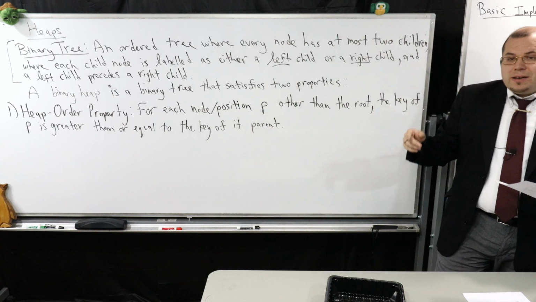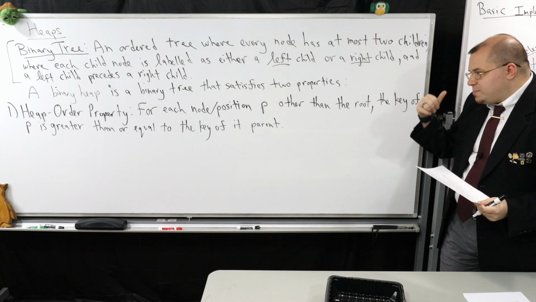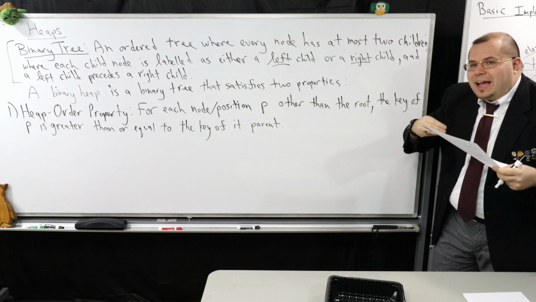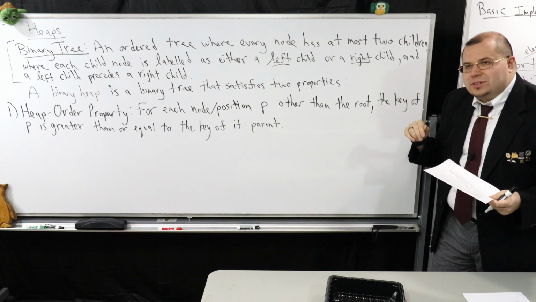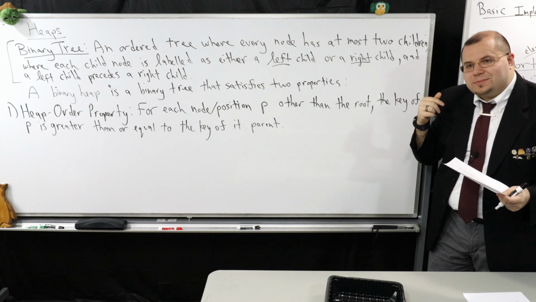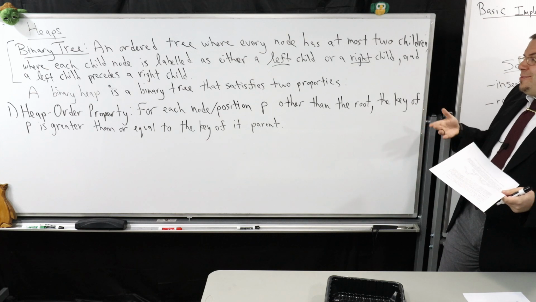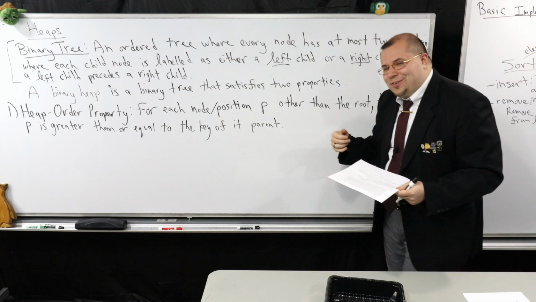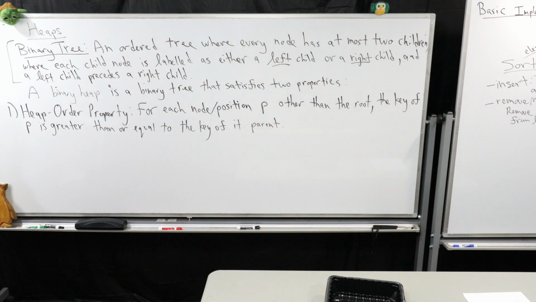If I examine a node P and check its key value against its parent, P's key has to be greater than or equal to the key of its immediate parent. This is true for every node except for the root. You might think, Dan, what does that mean about the root? Well, the root has to have the smallest key among the entire tree. This is going to be rather useful for us.